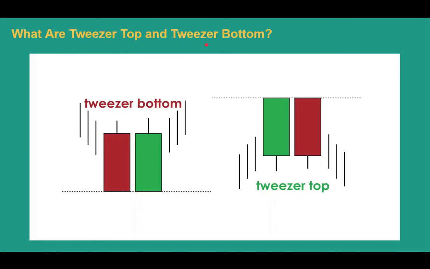A tweezer top is a combination of bullish and bearish candlestick at swing high that indicates a possible bearish pressure. In contrast, a tweezer bottom is a bullish reversal pattern at a swing low, showing a possible bullish direction in price.